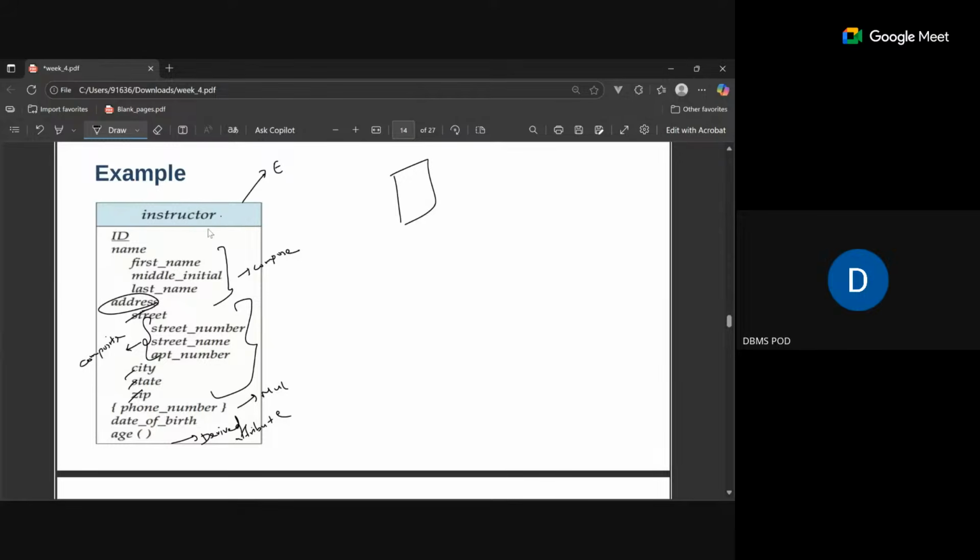It defines the instructor table. These were the columns present, and these were the attributes. This is how we pictorially present the various types of attributes in the entity set.